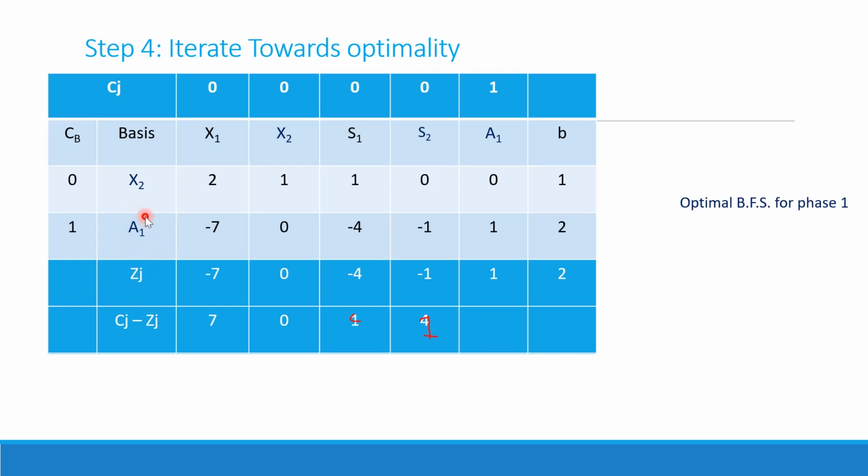So if there is no artificial variable in it, it means that the value of minimum W is already 0. But here in this particular case, A1 is present in the basis column and A1 is having a positive value here. It is equal to 2. So this comes under case number 1. Under basis there is an artificial variable, and that artificial variable is at positive level, which is greater than 0.